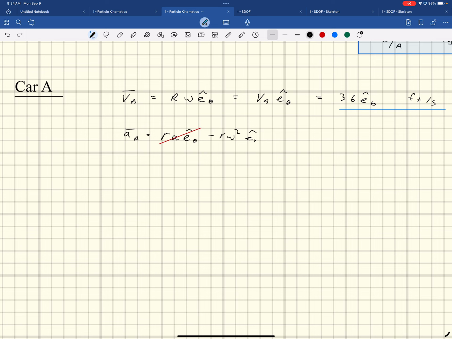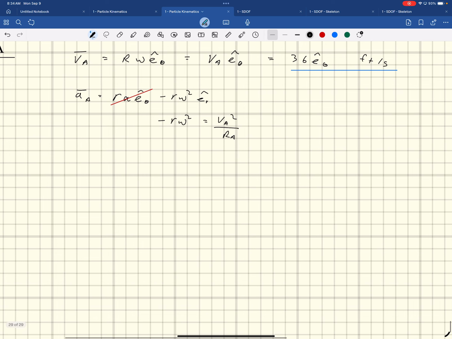Right, this can be written a couple different ways. You could do it as r omega squared, which is also equal to VA squared over RA. We wrote these down before too. We could talk about things in terms of r omega squared or VA squared over r. Either one of those works. In this case, we know the velocity, so that makes more sense.